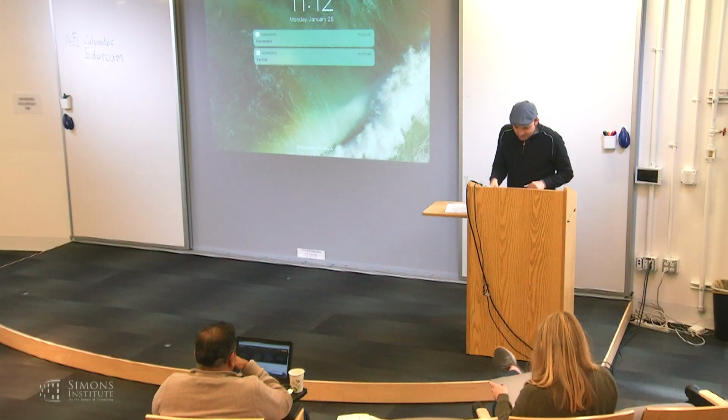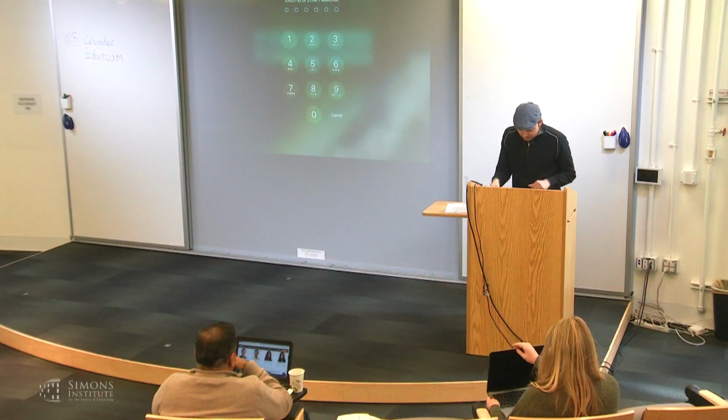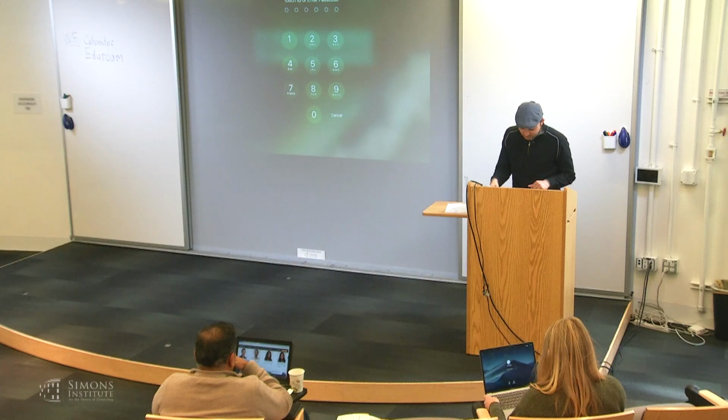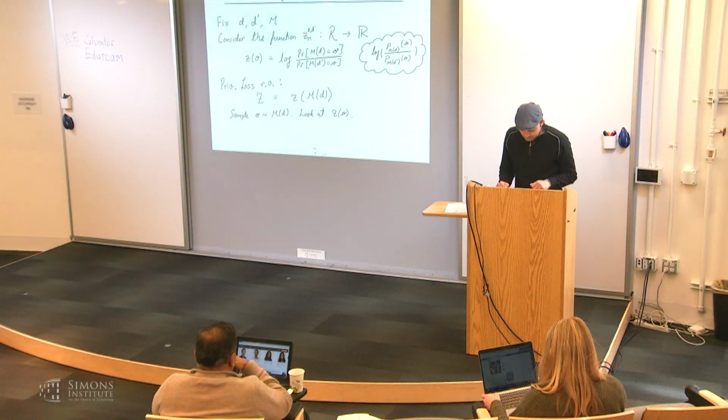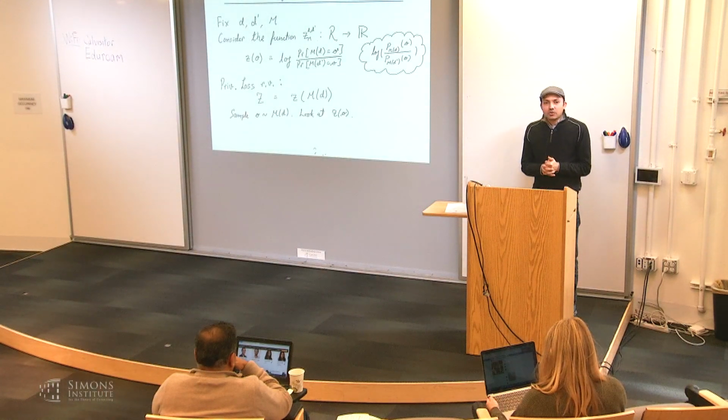It could be a deep model. For example, the parameters. Yes. R is the set of all possible parameters. O is one specific setting of parameters. Any more questions?